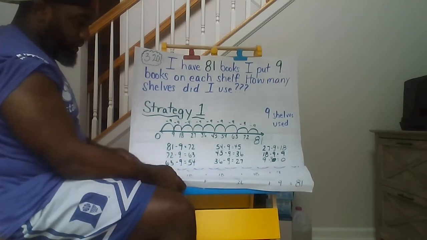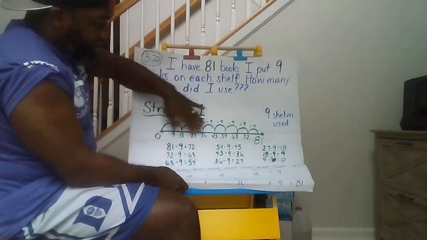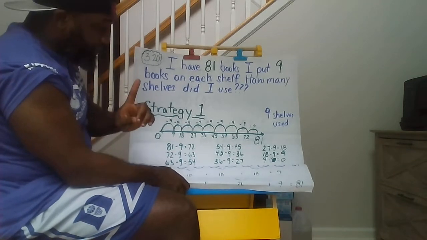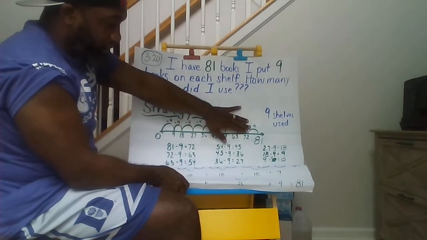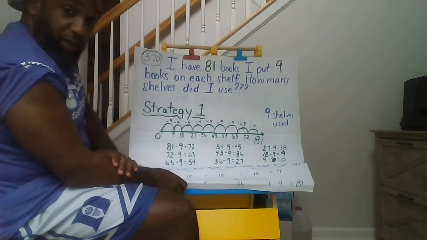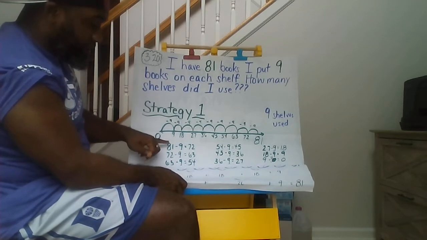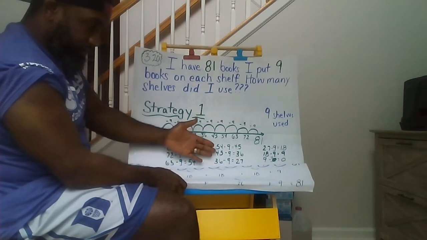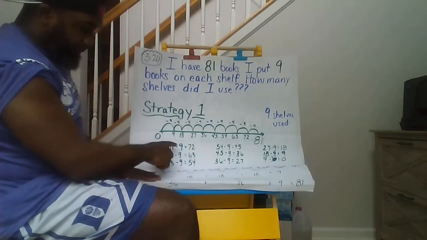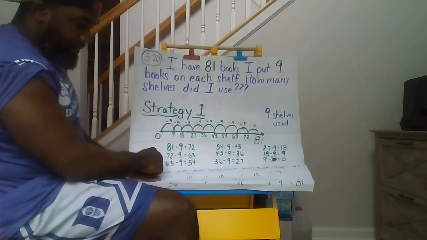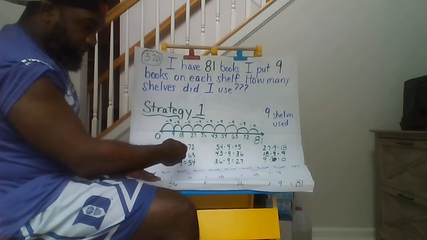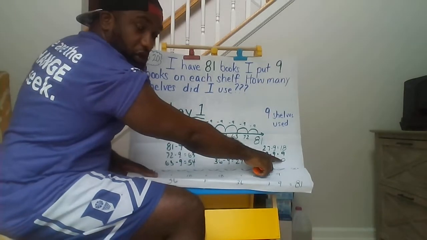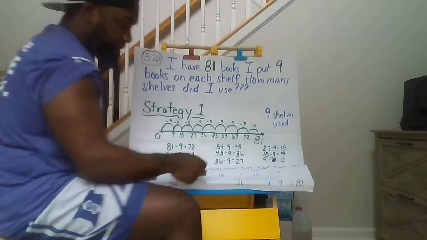So we represented this strategy in 2 different ways. The first way was on a number line. And the second way we represented this was to simply do repeated subtraction without a number line. We did our 81 minus 9 books, our 72 minus 9 books, and so on until we got to 0 books.